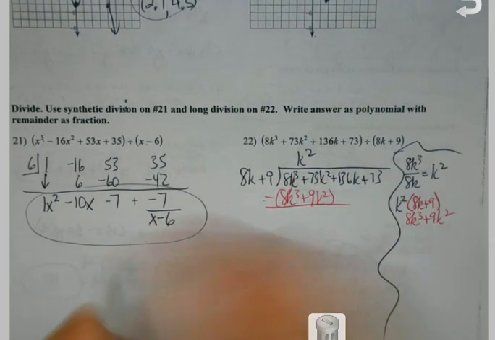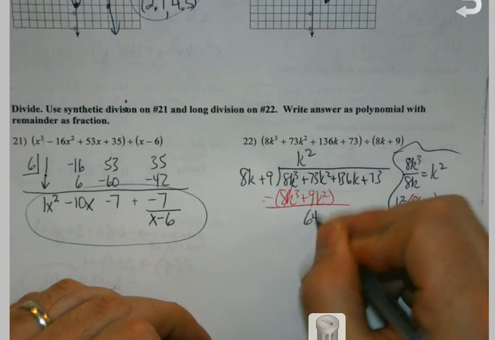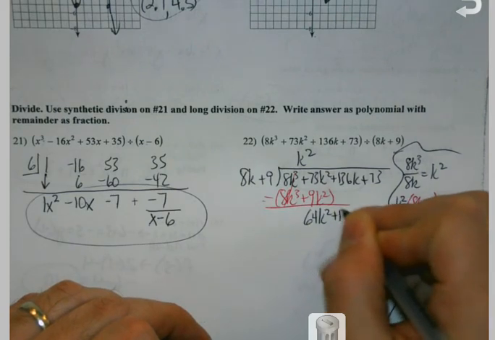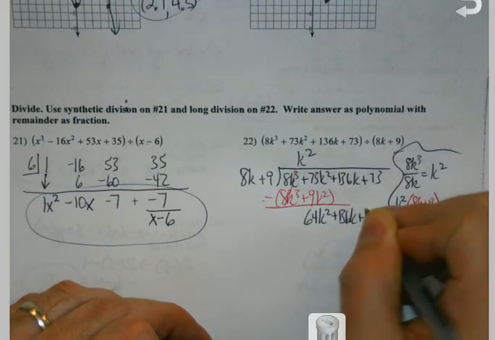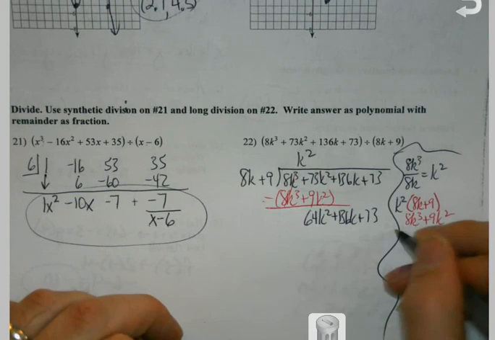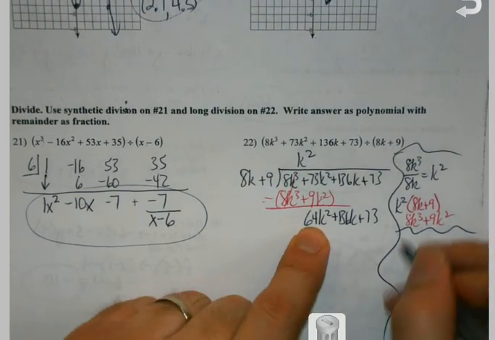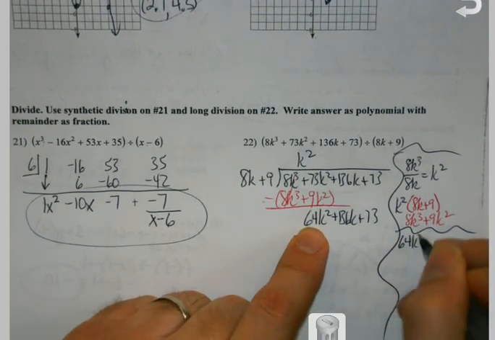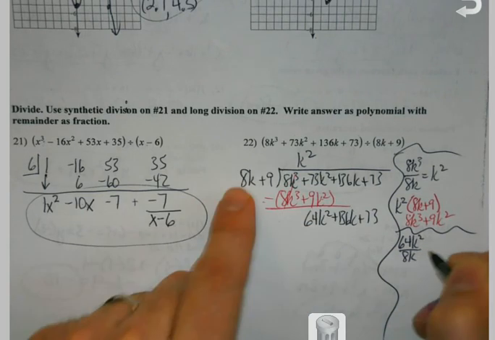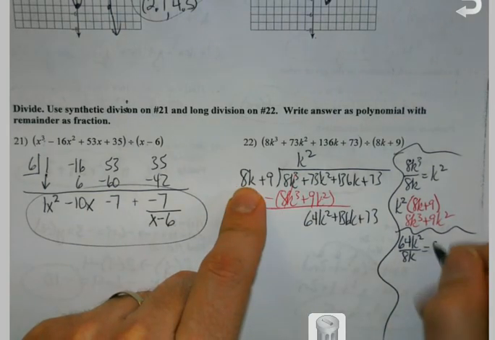73 minus 9, 64k squared, and I'm going to bring the rest of my terms down and start the process over again. First term divided by first term. Notice it's the 8k I'll be dividing by each time.